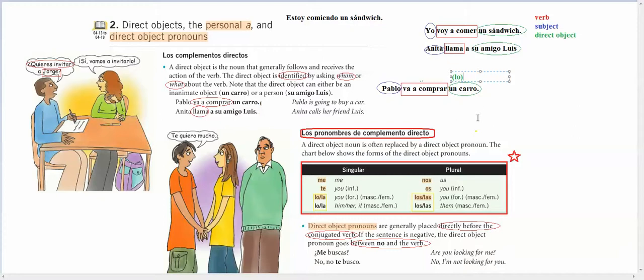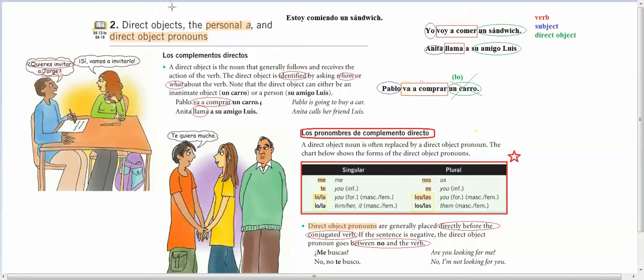So then what I'm ultimately going to do, since I'm replacing it, is I'm going to get rid of un carro and use lo. But now I've got to know, where should I put it? It can go two places. The first place it can go is before the verb, and that's before the conjugated verb. So in this scenario, the conjugated verb would be va. Comprar is an infinitive. So it could go before va.